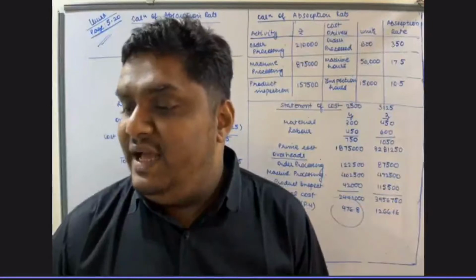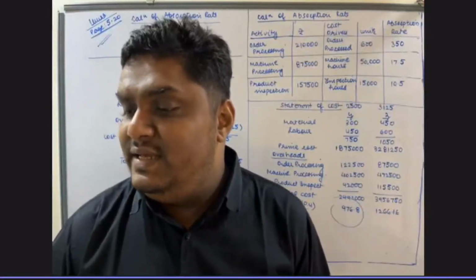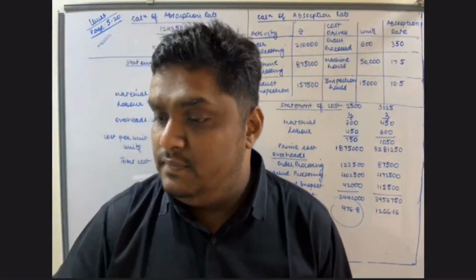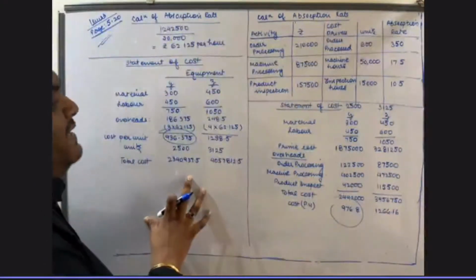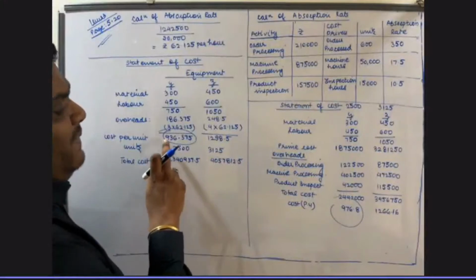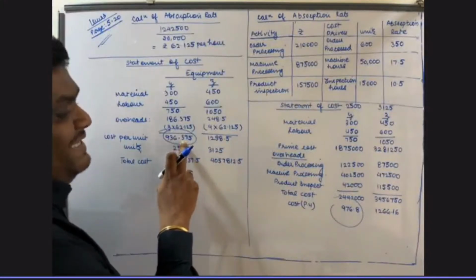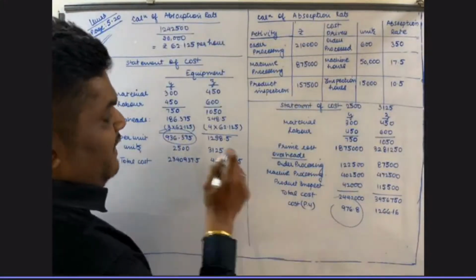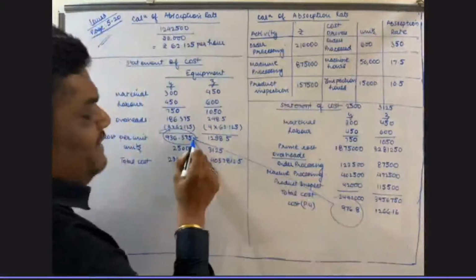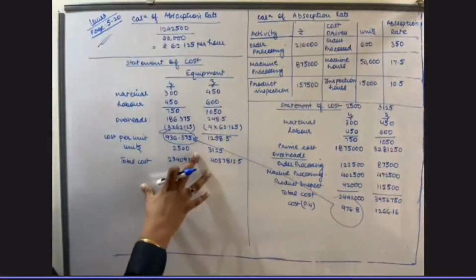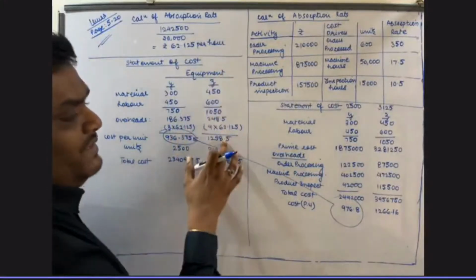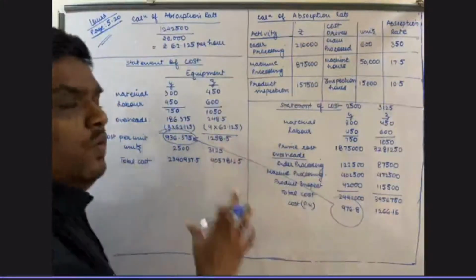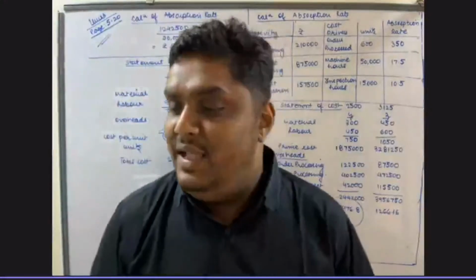I repeat again, guys, taking this traditional method as the base, as per traditional method my cost is 936.375, whereas as per ABC it is 976. So we can say product Y is under costed. And similarly, when talking about Z, the product is over costed. That's it, nothing more than that.